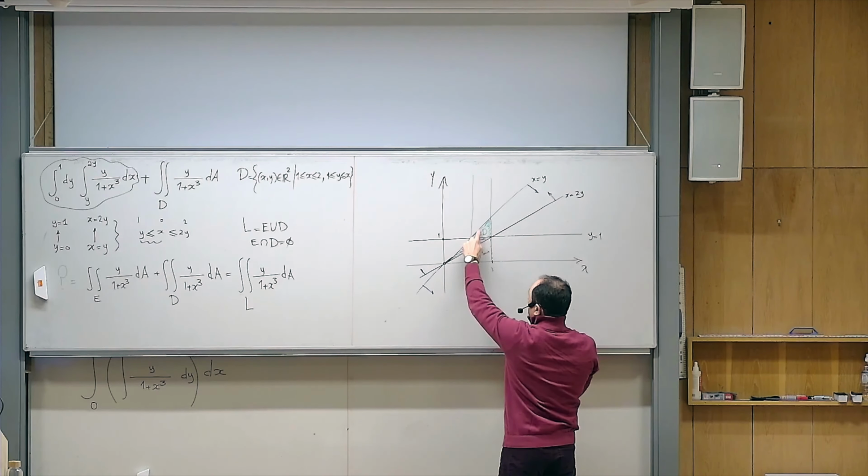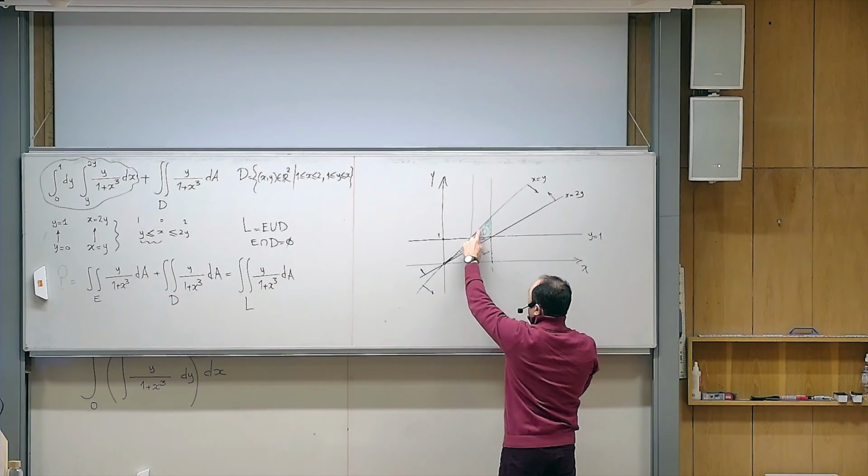So the minimum value of y is x over 2. I give you x, and I want you to read y minimum. Because this point is on this line, and I have given you x, you give me y is x over 2. And then what is the maximum? I have given you x, and this point on this line, so you give me y is equal to the same x.